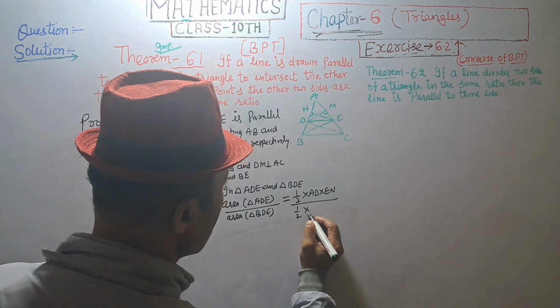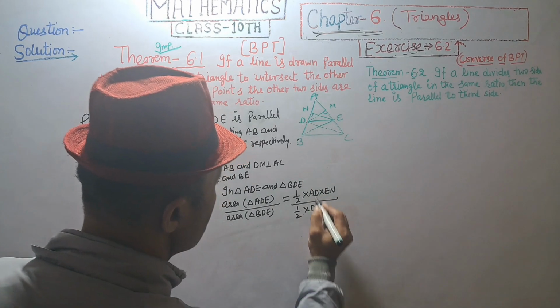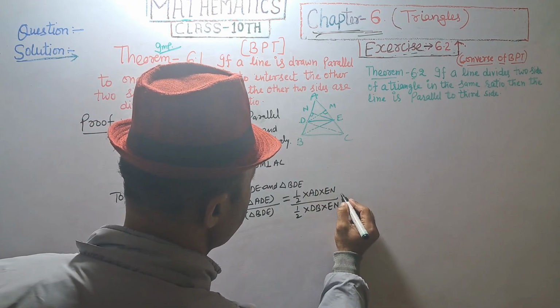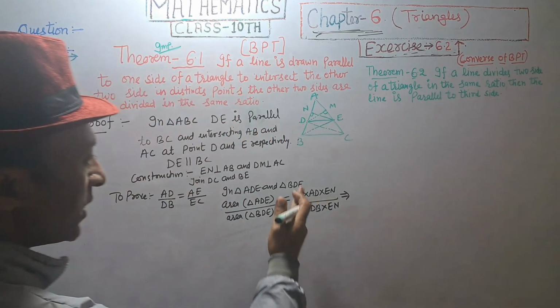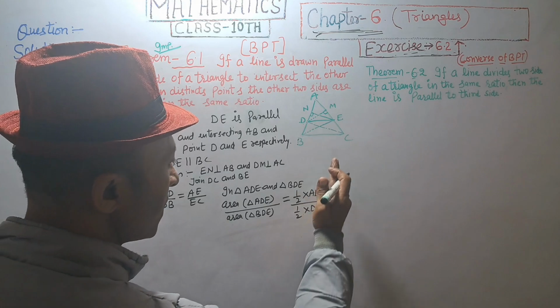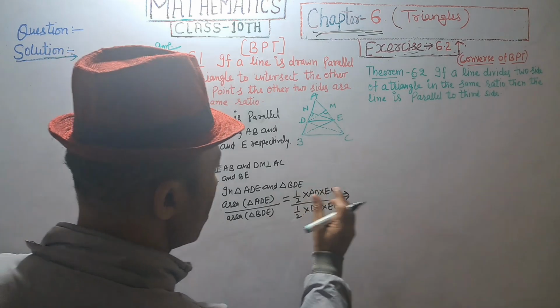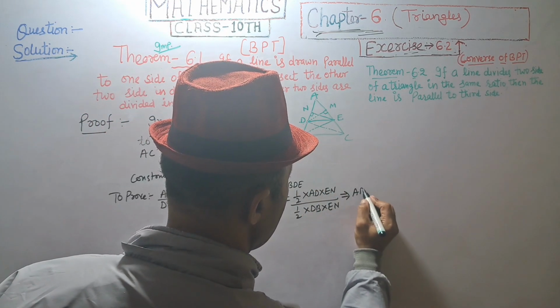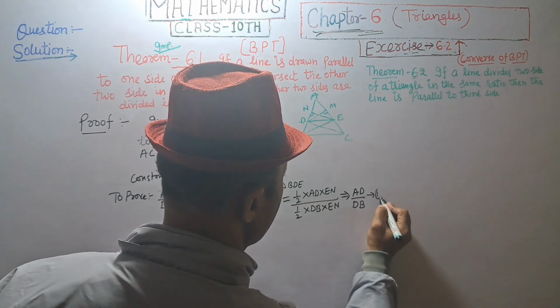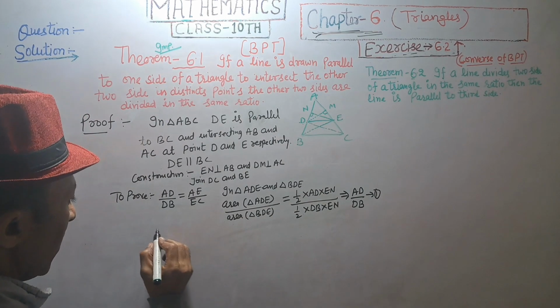Half and EN cancel, and we get AD upon DB. It's equation number first.